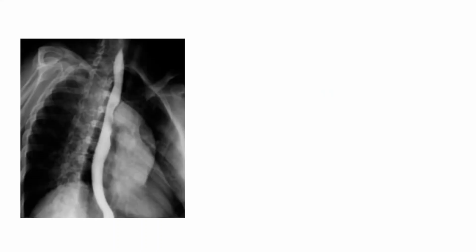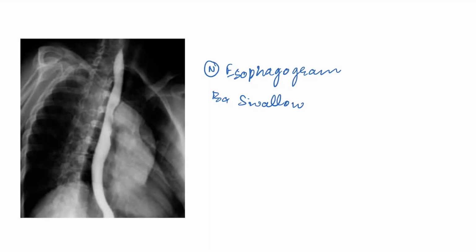Now let us see about radiological images of gastrointestinal system. This picture shows a normal esophagogram, that is barium swallow. Barium swallow. This is actually an oblique view.